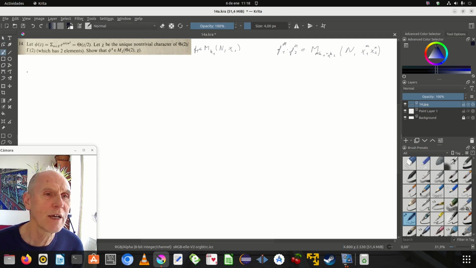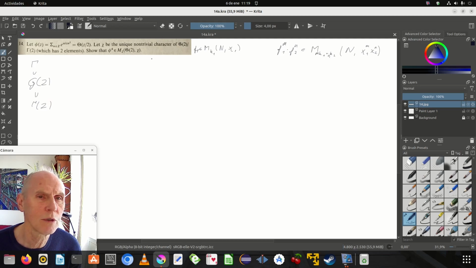We need to find out the Hecke group over gamma 2. I forgot about this group. And next we need to find out what this means.